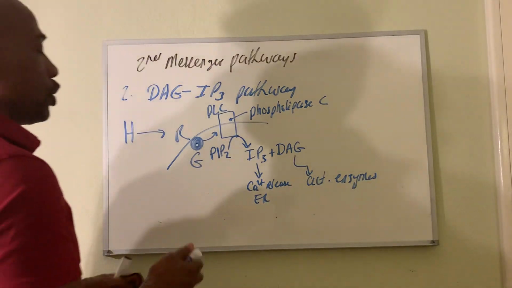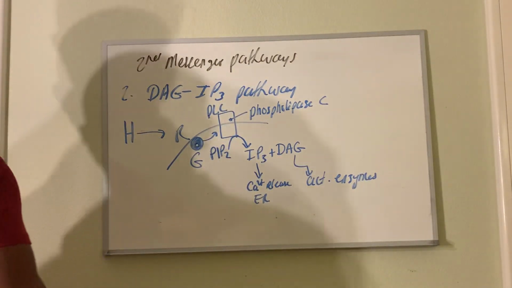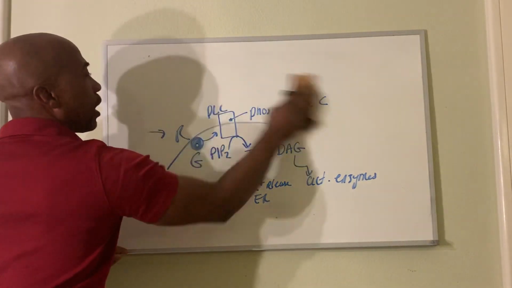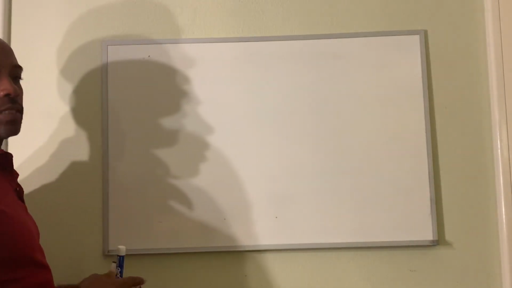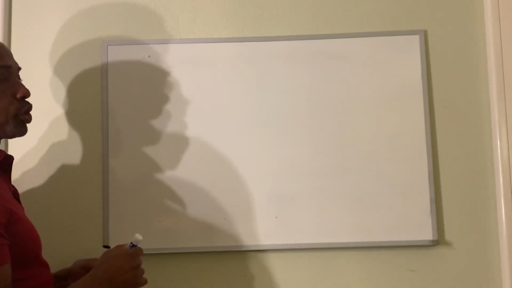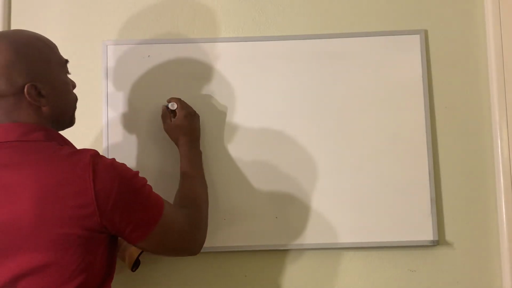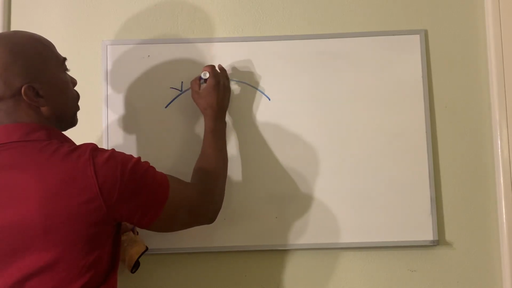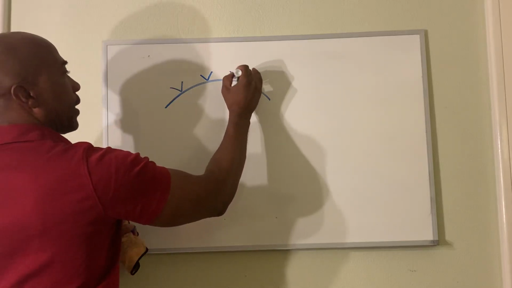Okay, let's continue the story here. So we'll next look at how to control receptors, the number of receptors that's on the cell membrane. There are two common adaptations that cells use in order to maintain their responsiveness. So for example, this is a cell. If you have, say, hormones, these are receptors on the cell, okay?